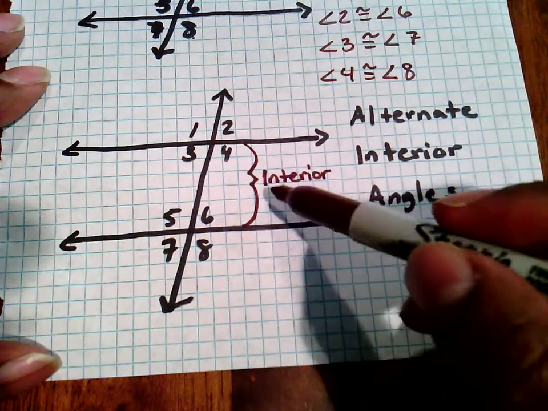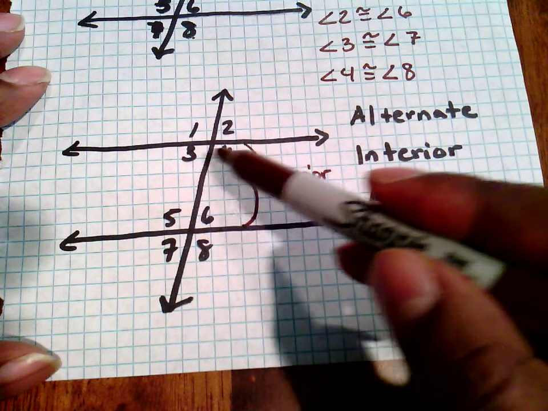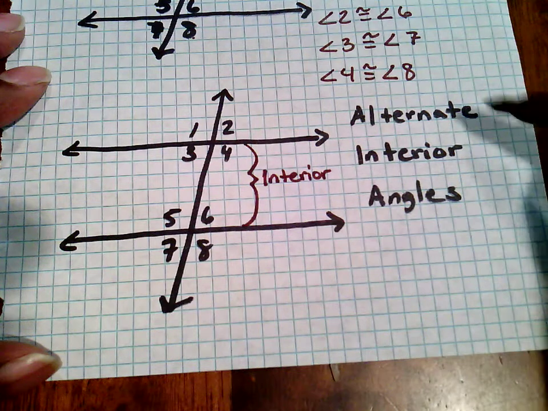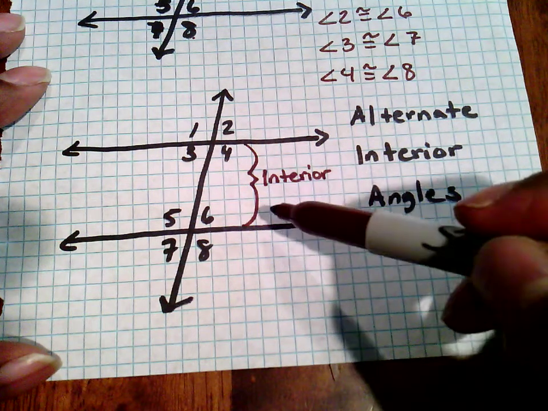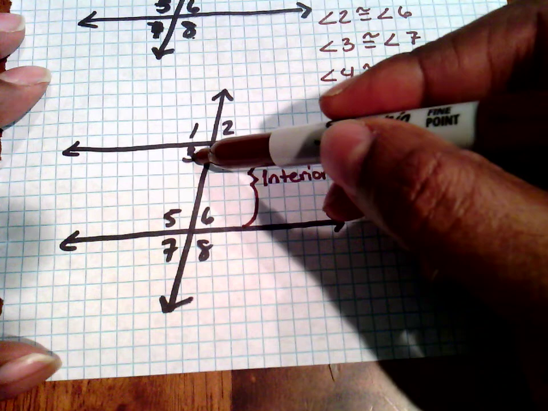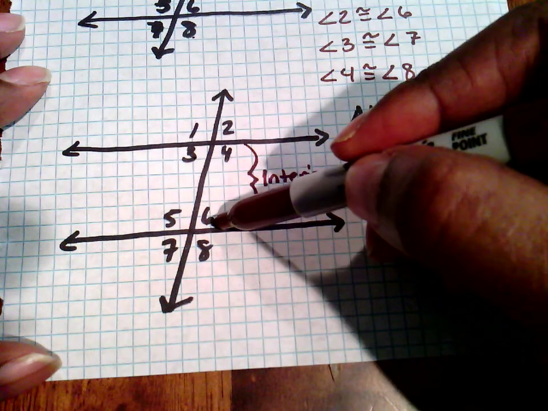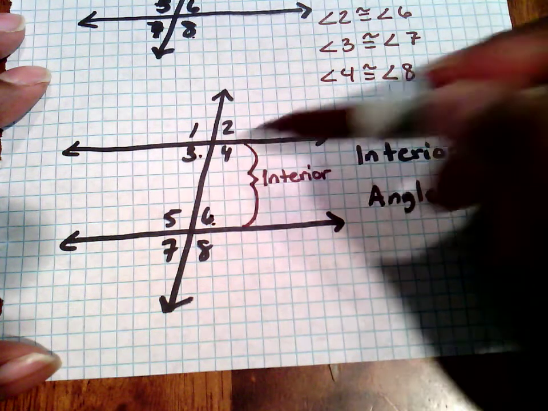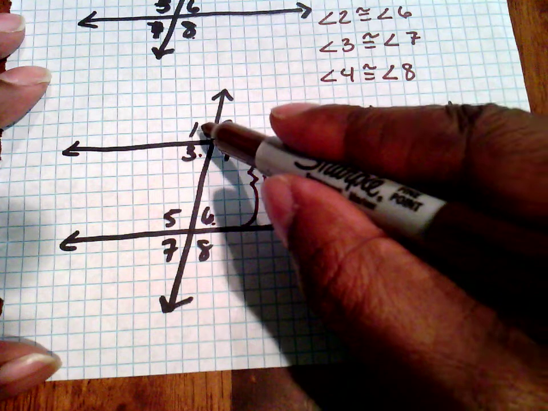On the inside of these two lines, we notice we have angles 3, 4, 5, and 6. And to alternate means we're going to be switching sides. So angle 3 and angle 6 will alternate. Kind of similar to how your vertical angles were sitting across from each other in the same intersection.